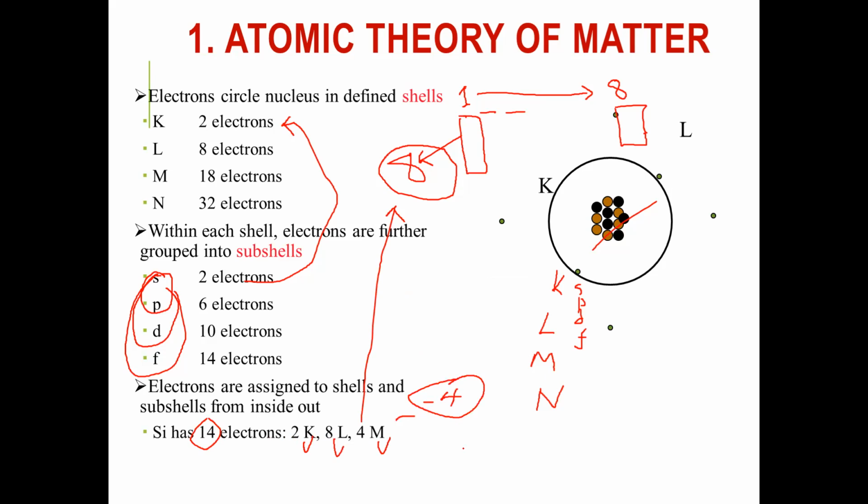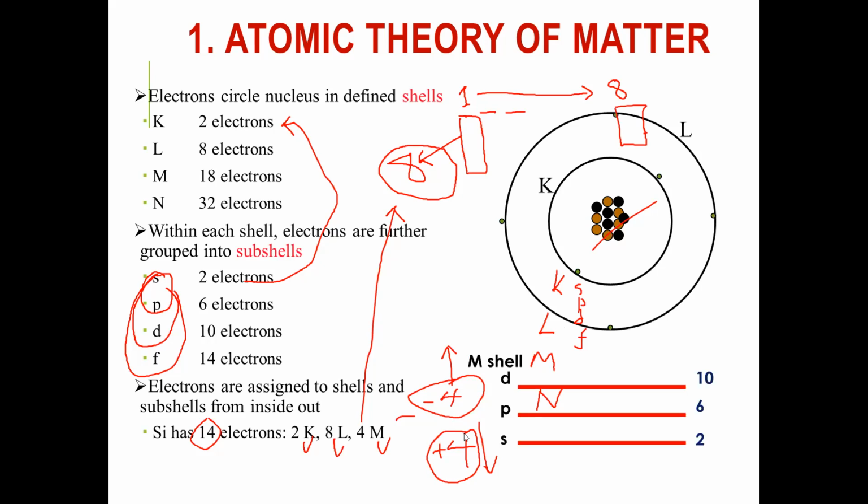For it to achieve a stable octet, it should either gain 4 or lose 4. In other words, it needs the same energy to be stable with 8 or to be stable with 4. Hence, it can act either as a conductor or an insulator. We'll explain that at a later stage, right?